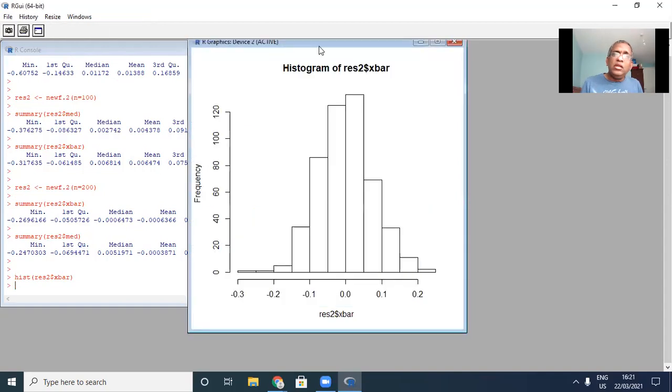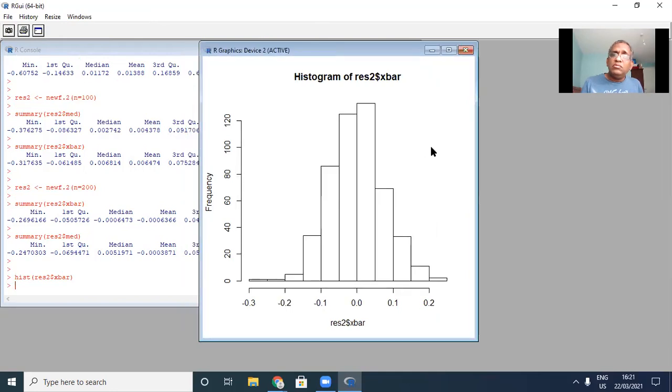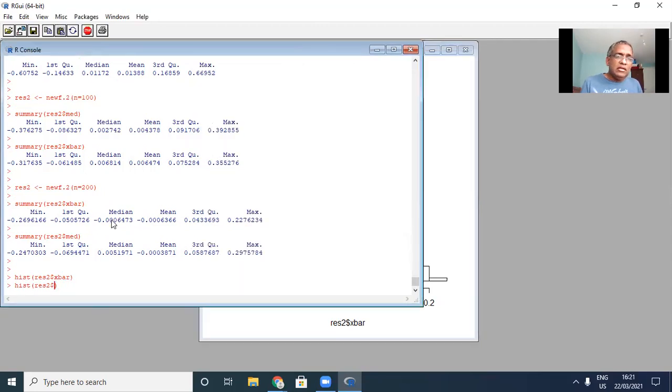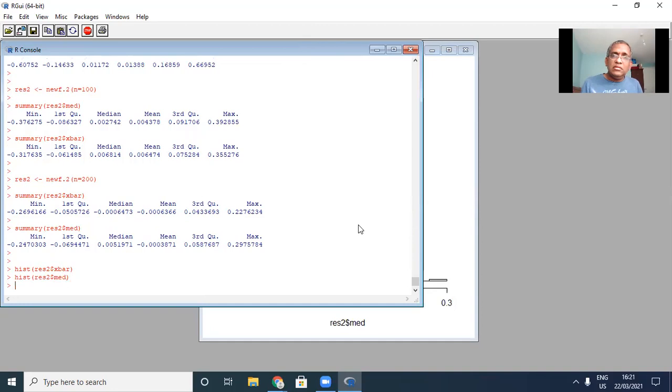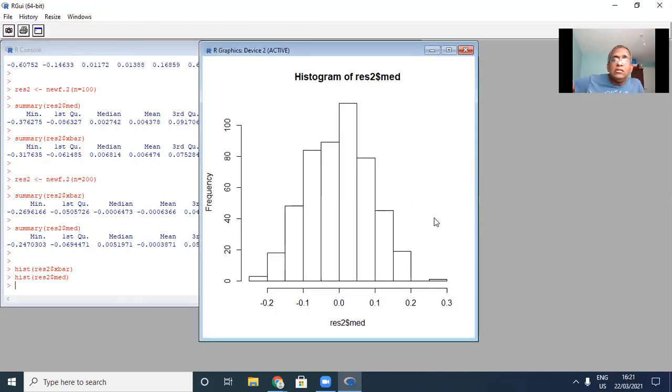For the sample mean for the 500 samples, the histogram looks like this, right? And for the sample median for the 500 samples, the histogram looks like this. So they are more or less symmetric in both cases, right?